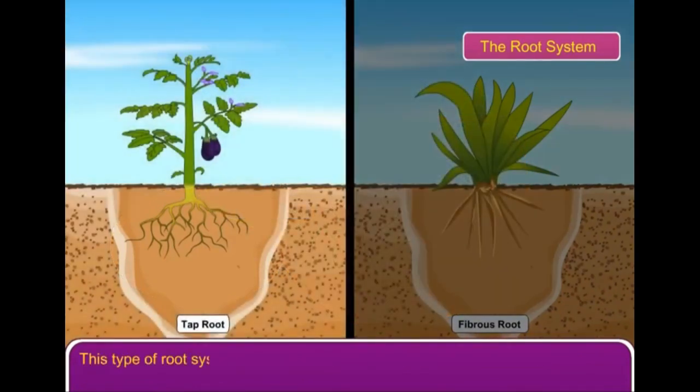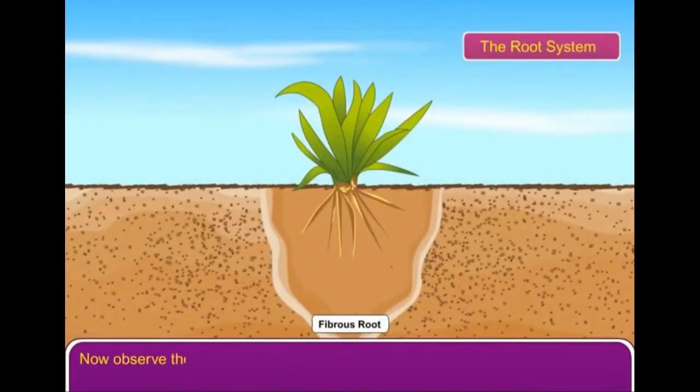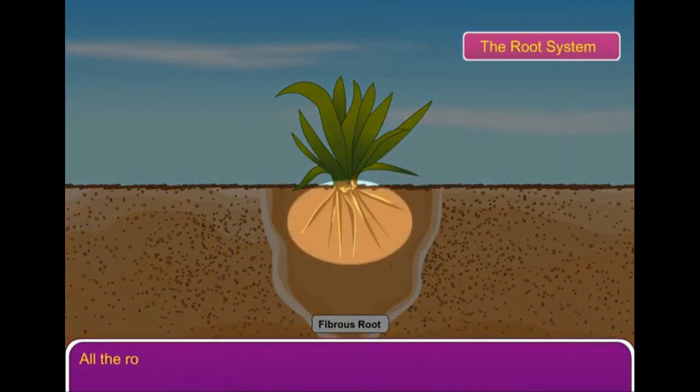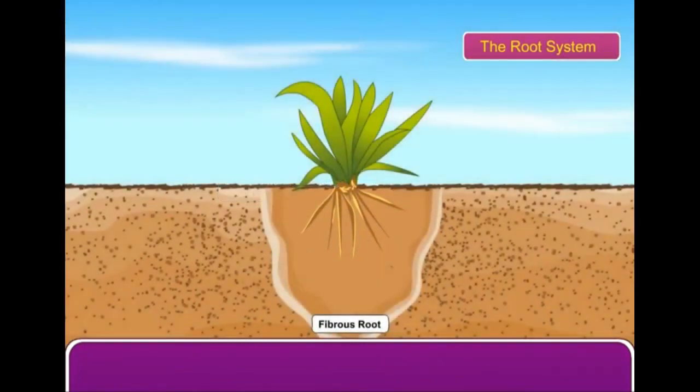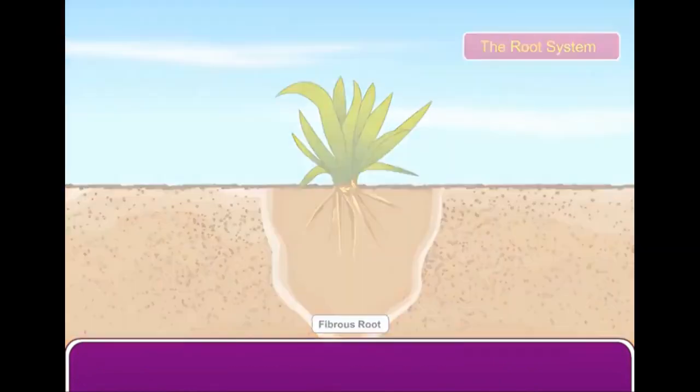This type of root system is known as the taproot system. Now observe the roots of an onion plant or a grass plant. All the roots arise from one place like a bunch, and they are more or less similar in form and size. This type of root system is known as the fibrous root system.